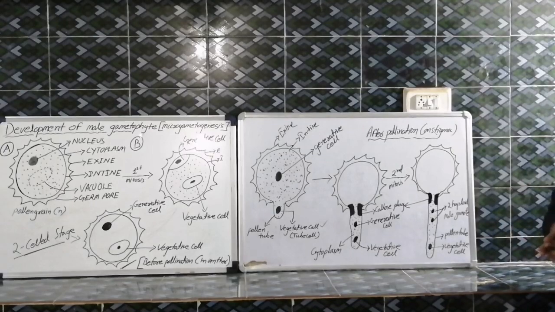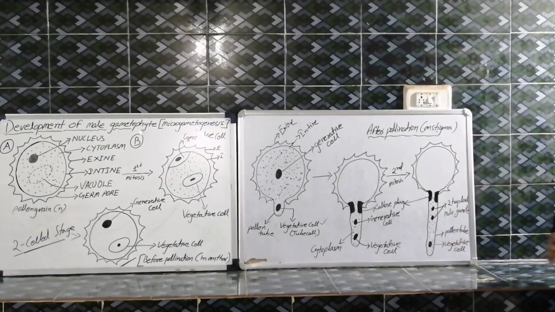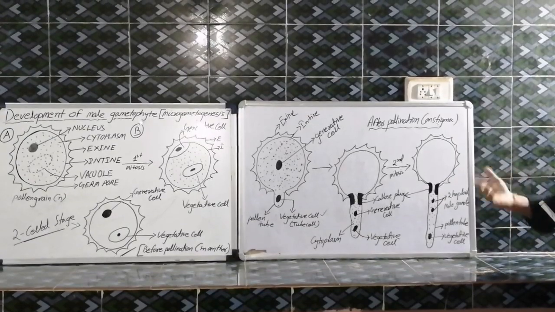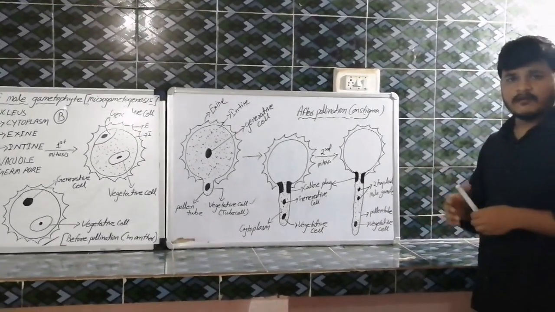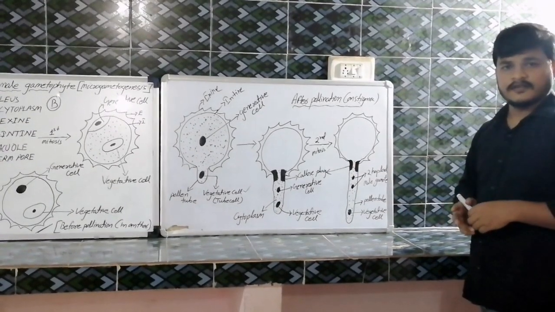Next, the second mitotic division takes place, which gives rise from the generative cell to two haploid male gametes. Later we will discuss double fertilization, and this technique is otherwise known as siphonogamy.